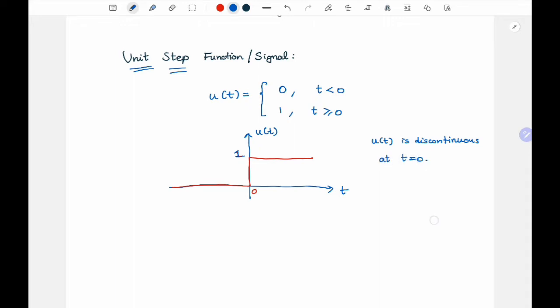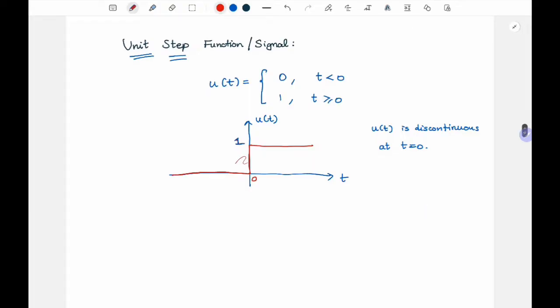What do you mean by discontinuity? If you approach the value from one side, it gives some other value than when you approach it from the other side. For example, from the left-hand side, at 0 minus, the value is close to 0.